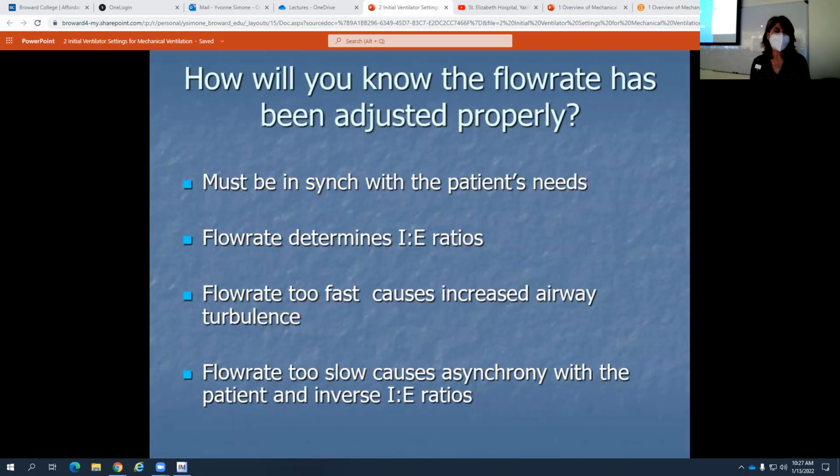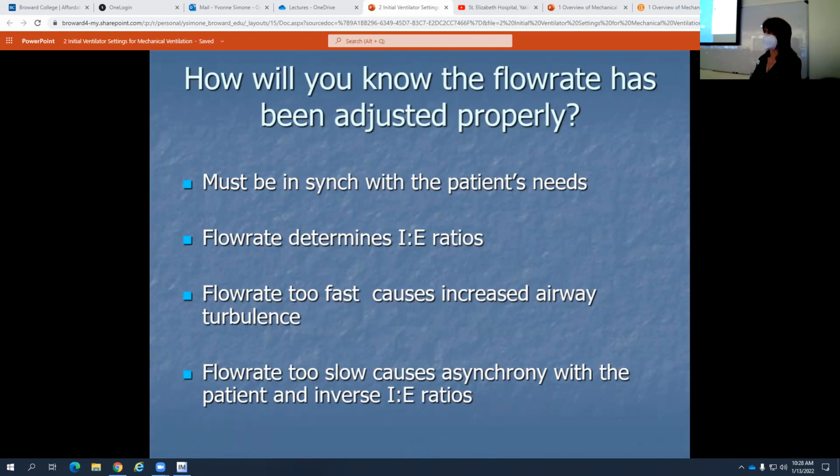If you have a flow rate that's too slow, it causes asynchrony with the patient, meaning that the patient's already done breathing in, and yet the ventilator hasn't finished putting the breath of air into their lungs. So they're all set to exhale, and this air is still coming at them. So that's an example of having the flow rate set too slow.